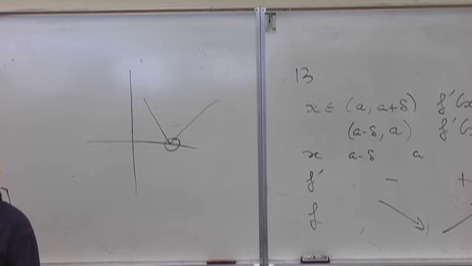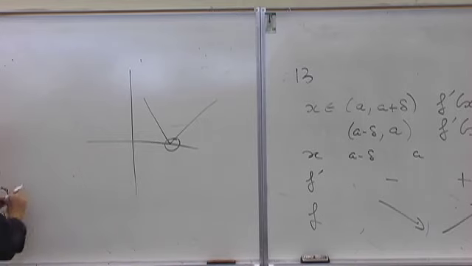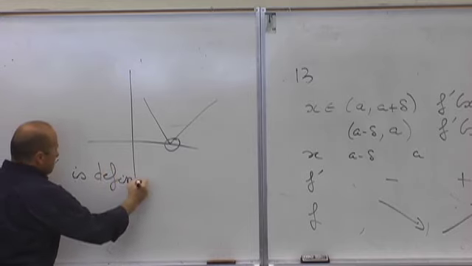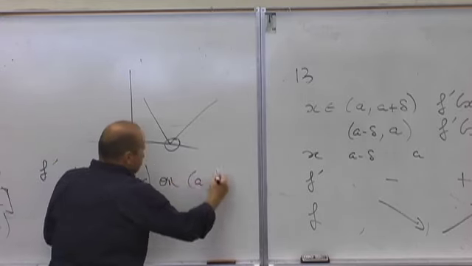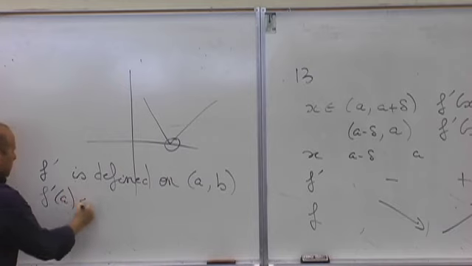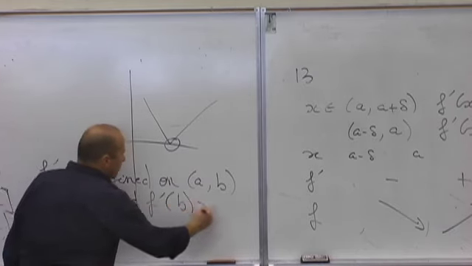Would you repeat what you just said? So assume that your f prime is defined on AB, and assume that f prime of A is negative and f prime of B is positive.